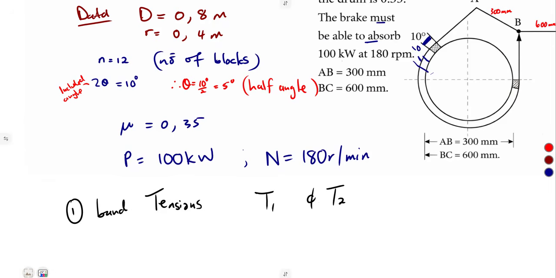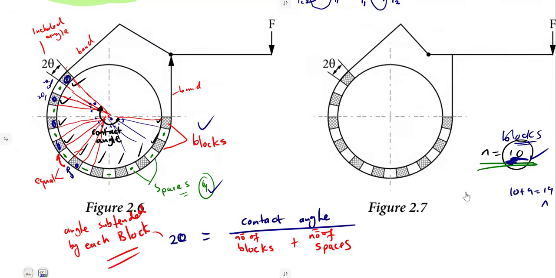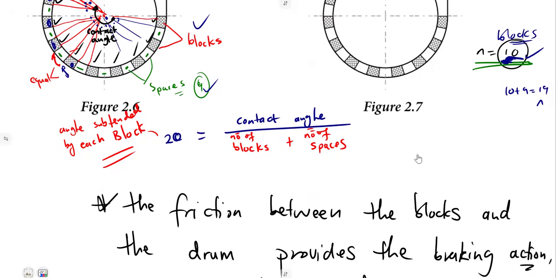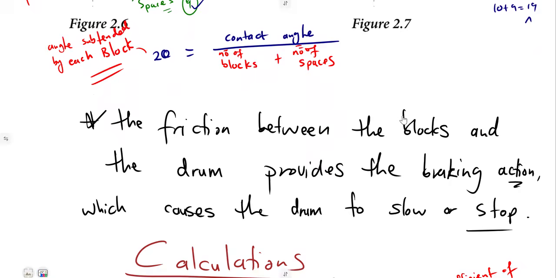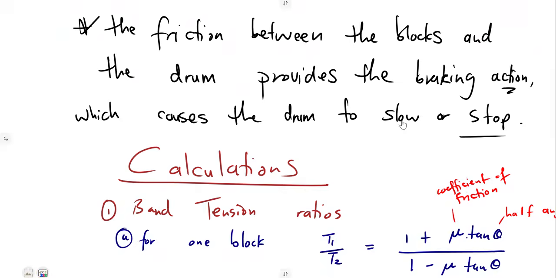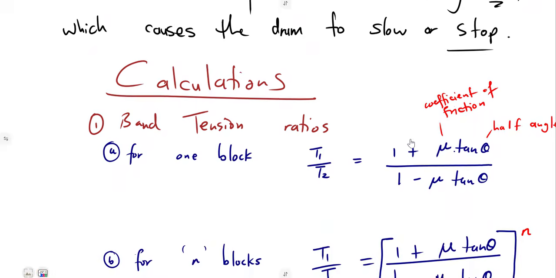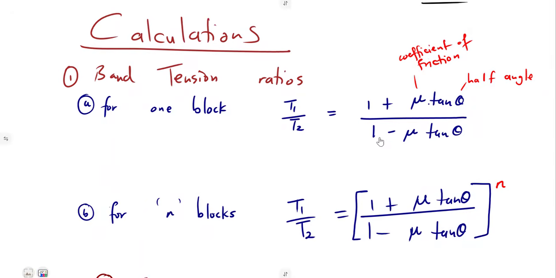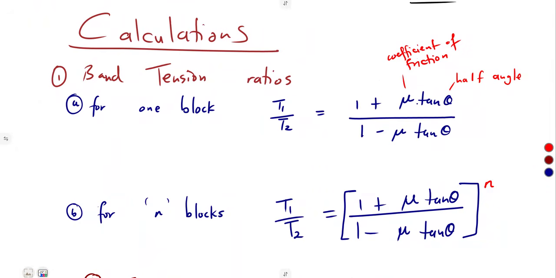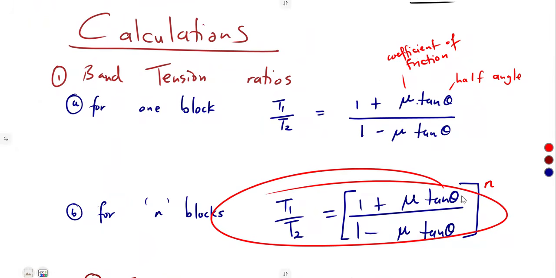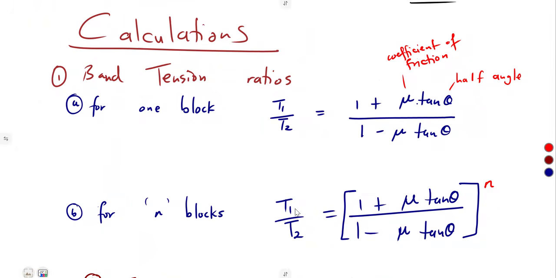T2. One, we talked about the band tension ratio as something that is now different from what we had before. Remember, I said of all the calculations, they are going to remain the same. But the band tension ratios, using this, it is going to help us to find T1 in terms of T2.